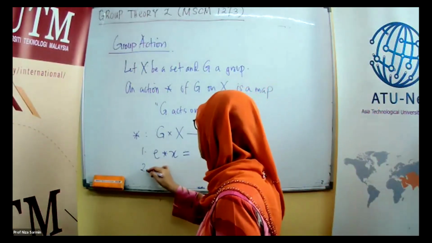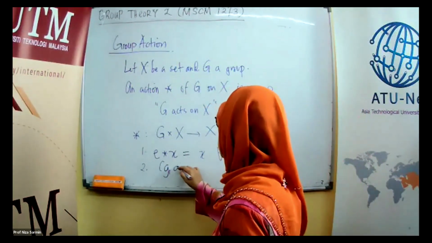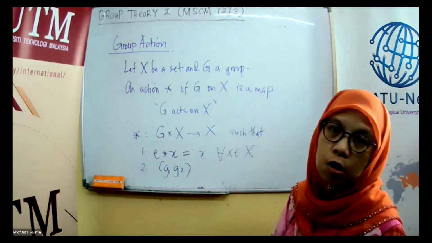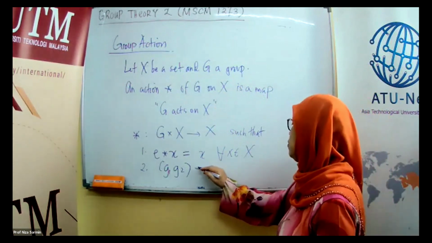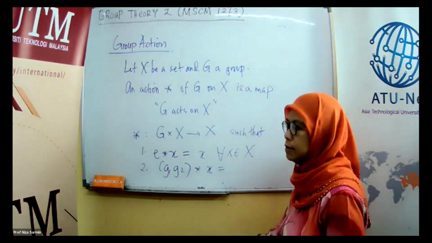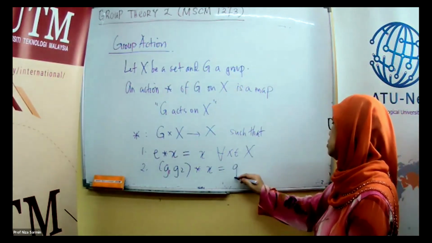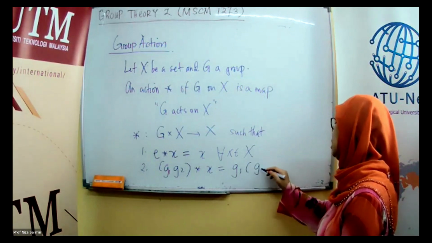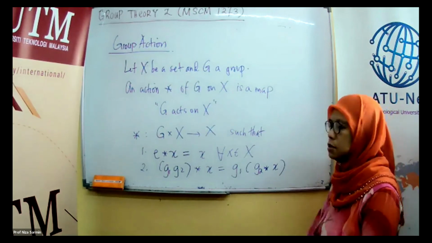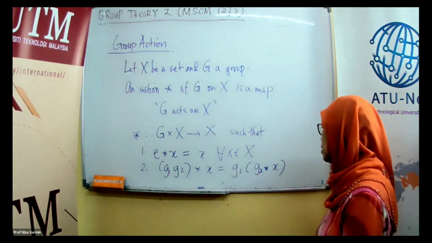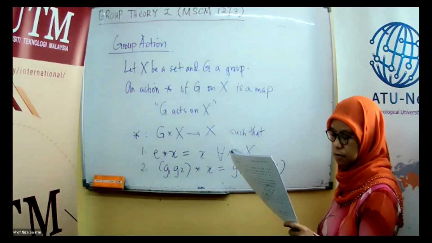Second one, if you take two elements of G, you can have a multiplication. If you act on x, this is equal to act first, the g2 act on x first, and then there's a star here, right? Missing a star.